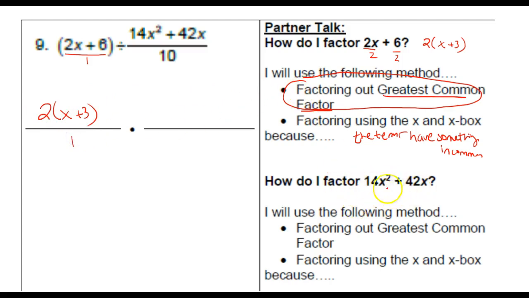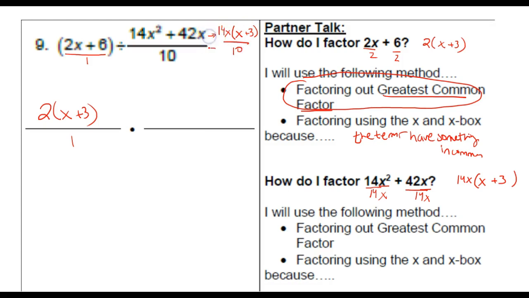Now where this one is, they definitely have an x in common, and then I think they also have a 14 in common as well. So that'd be 14x, and that would be x, because 14 divided by 14 is 1, and that would just be an x left over, and I think this would be plus 3, so that would be 14x parentheses x plus 3.